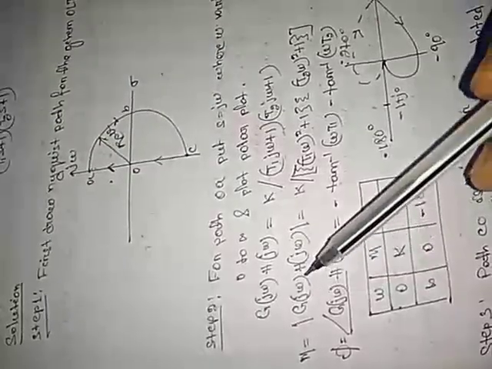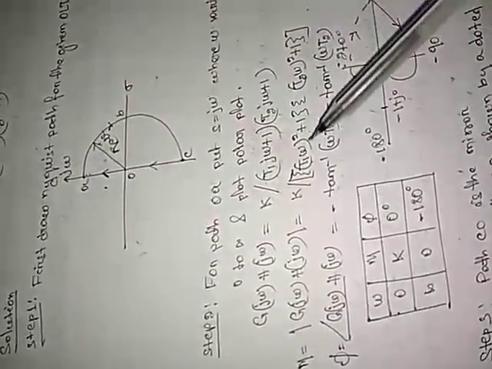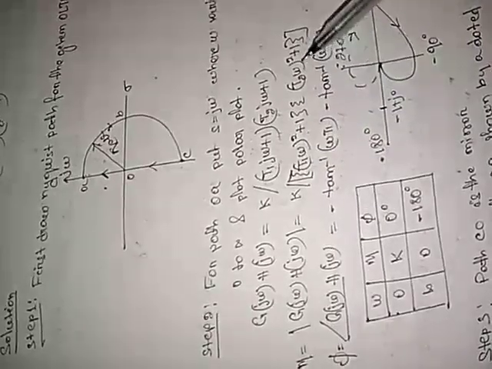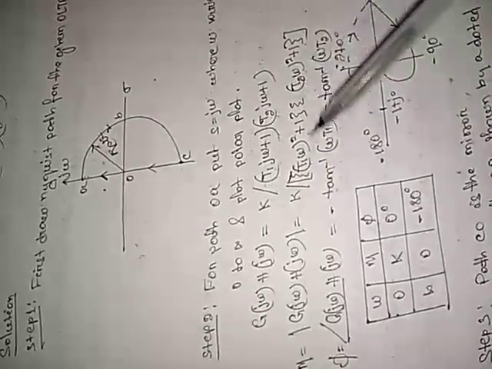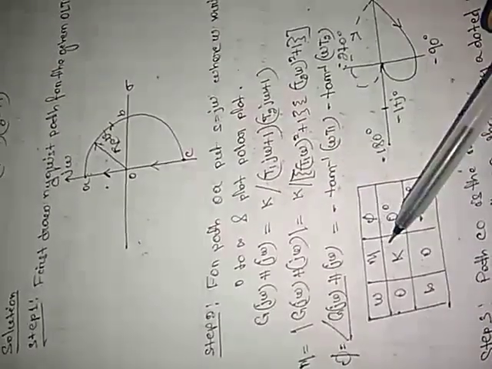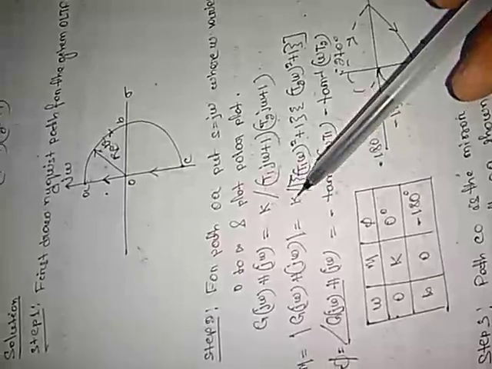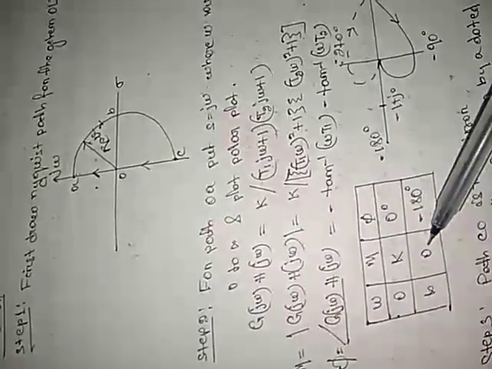If you put omega equal to 0 in this magnitude, this term becomes 0 and this one is also 0, so when omega equals 0, it is K. When omega equals infinity, the whole denominator becomes infinite, so K by infinity is 0.